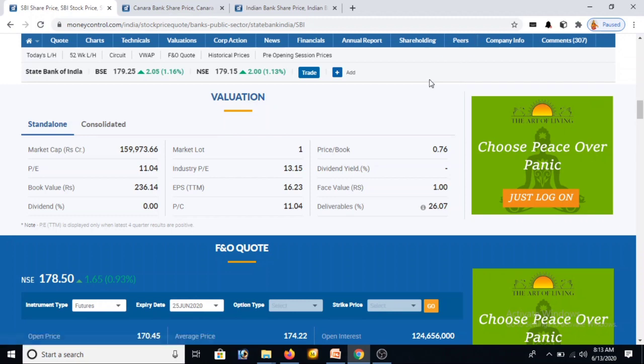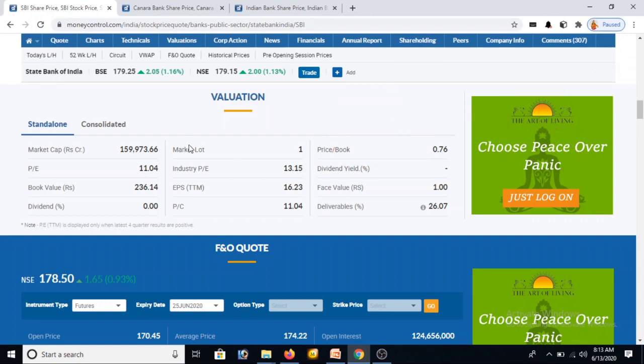So what do you mean by industry PE? Industry PE is nothing but the average PE of an industry. In this case, SBI, we know it comes under the public sector bank industry. So the industry PE is the average PE of public sector banks, which is 13.15 at this time.